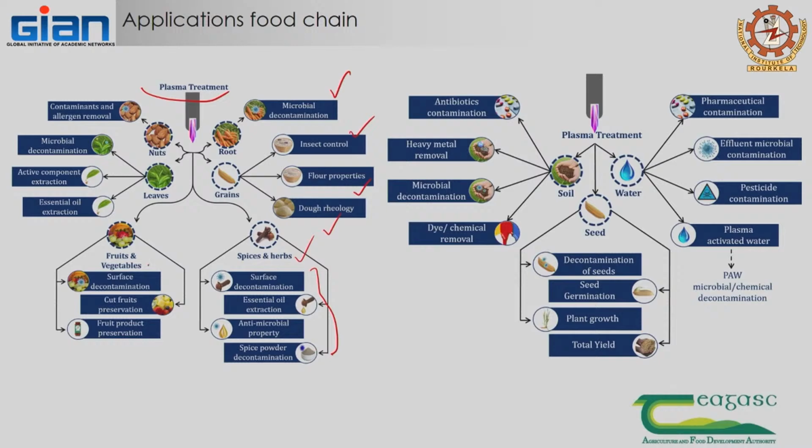Fruit and vegetable, again surface decontamination, food preservation, essential oil extraction. This is some extraction application, in terms of disrupting the cells through an oxidative mechanism and opening up the structure, and you can use it for extraction purposes. The other one is the soil one.